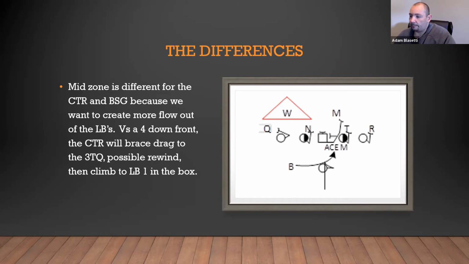The other thing that can happen, again, is if that 3-tech disappears across the midline and there's no threat right now to the frontside A gap, the center is never necessarily in a hurry. So he can take time to rewind onto that nose, which means he's just going to come backwards and body check that guy, and then climb to the mic.